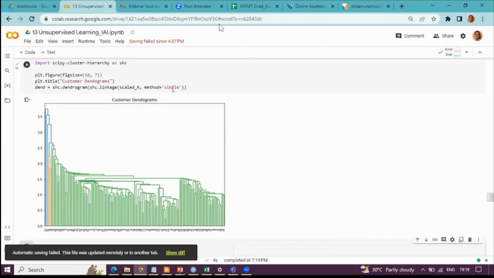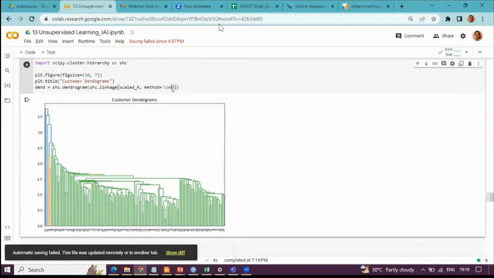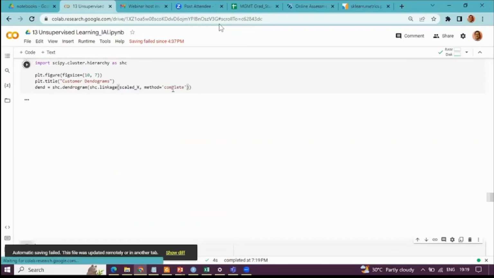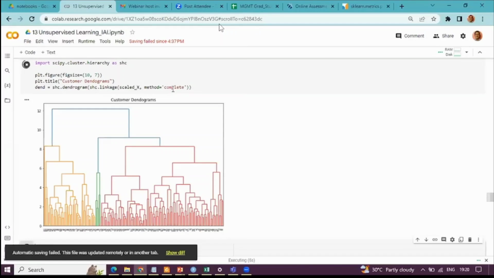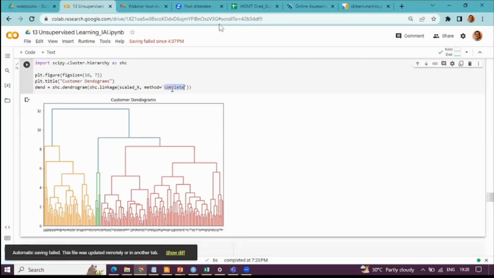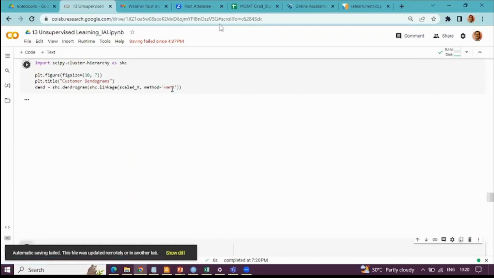And if I go with a complete method, which is the farthest distance, you will find the distances to be much higher. You see here, the solution is slightly different. And if I go with the Ward distance, which is more and more based on the Euclidean distance approach. So this is what is a kind of a solution.